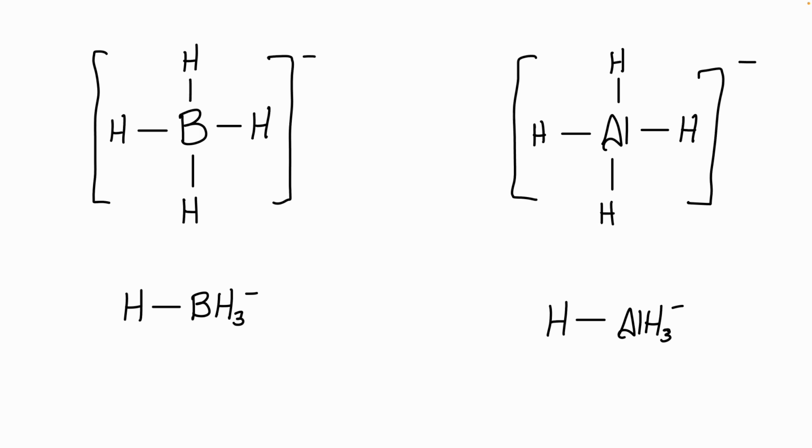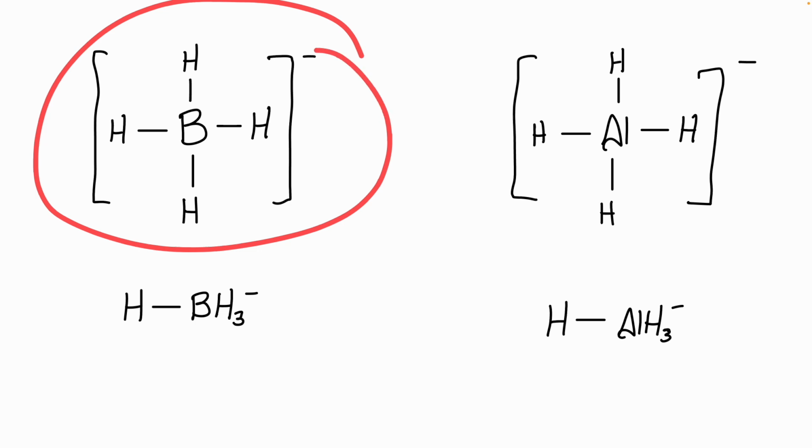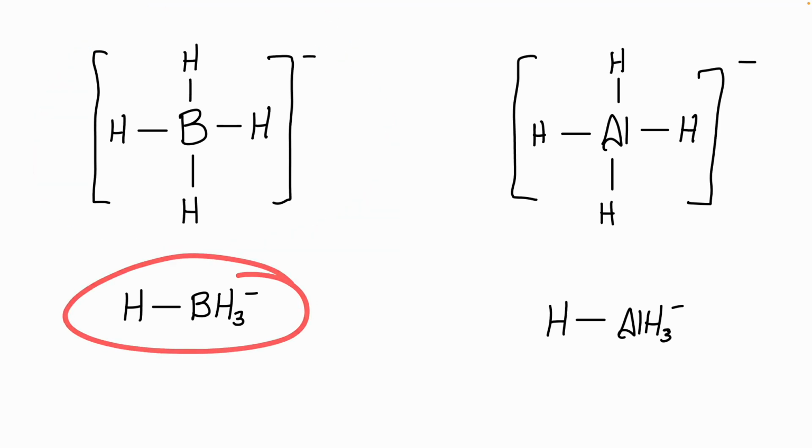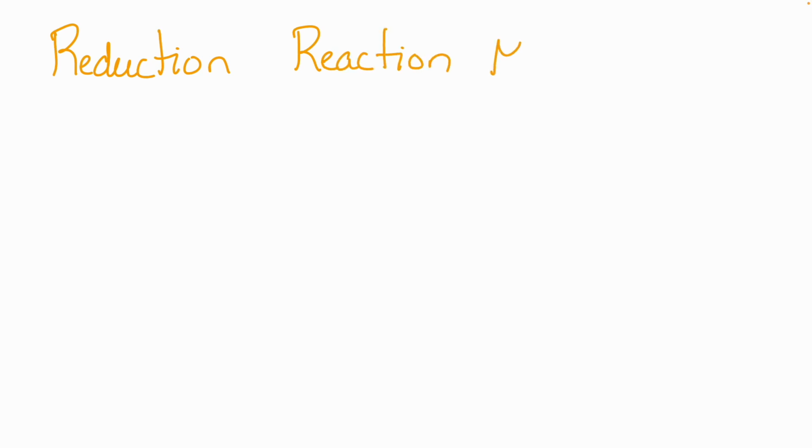All right, this is our active reducing agent, that borohydride, both its Lewis structure and this kind of more condensed form that's going to be a little bit more convenient. Okay, so let's do our reduction reaction mechanism.